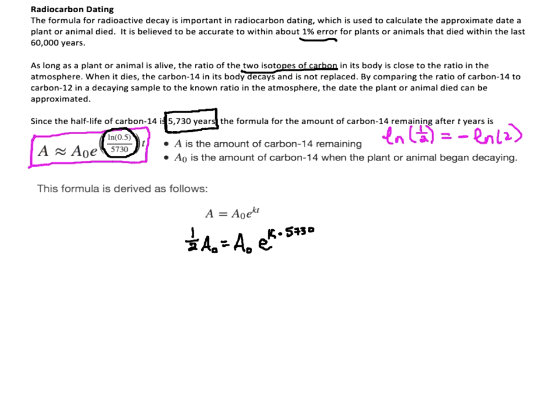So I'm going to start off by dividing off A sub 0 from both sides. And so I get that 1/2 is equal to e to the 5730k. And now I'm ready to take the natural log of both sides.